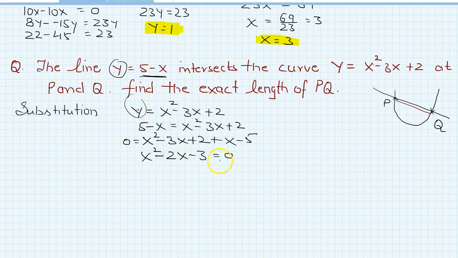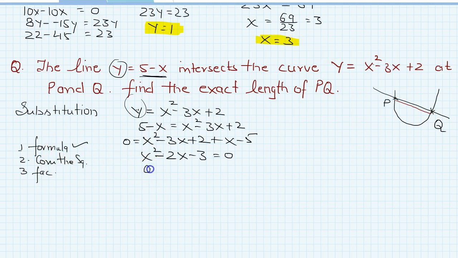Now this is a quadratic equation. You can solve it using the formula, you can use completing the square, or you can use factorization. Let me use the formula.